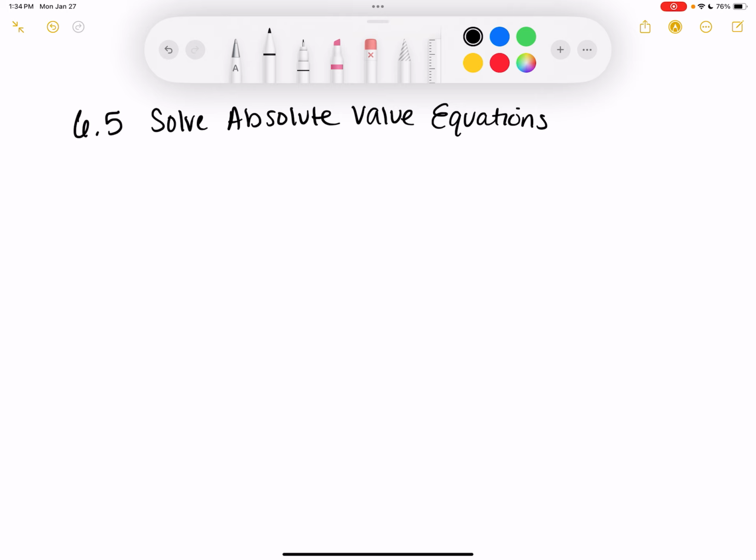But the definition of absolute value is distance from zero. We did a little bit back in chapter 2 with negative a and then the absolute value of a.